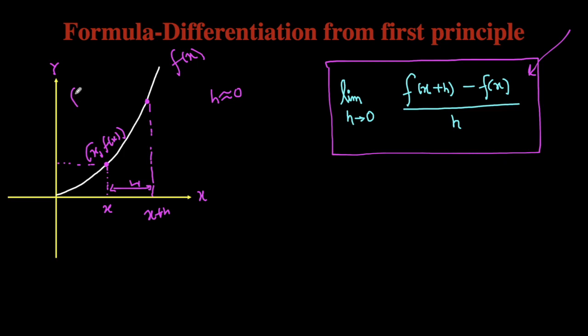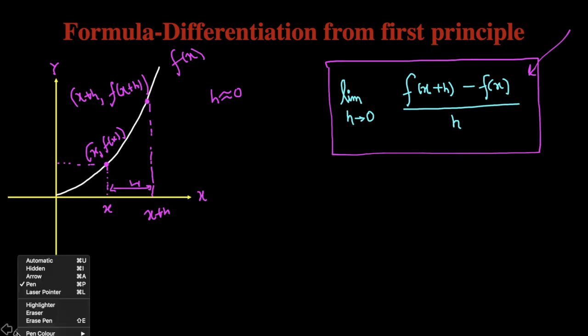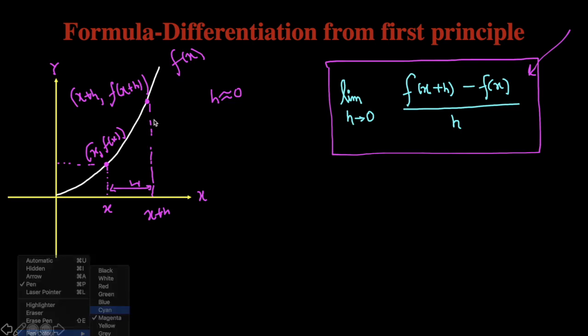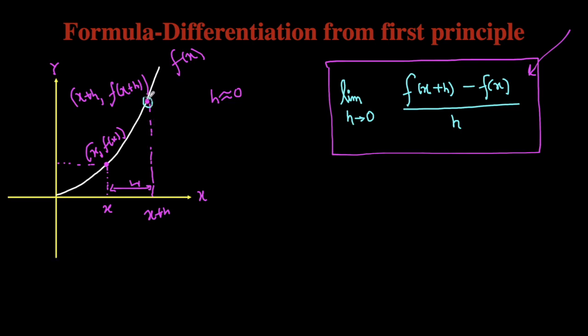This will be x plus h, and you put it into this function, then you will get f of x plus h. So we know both coordinates, and we are assuming that this distance is very small. So let's find the slope between these 2 points.